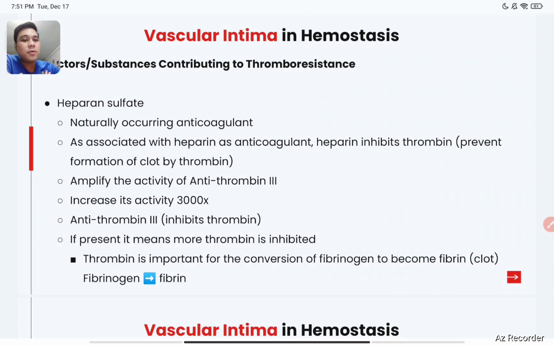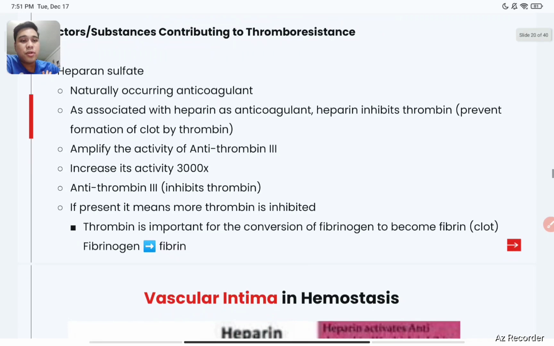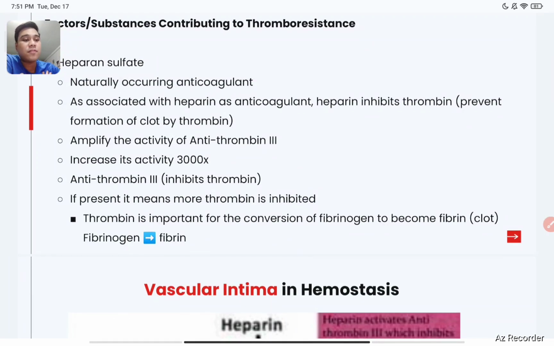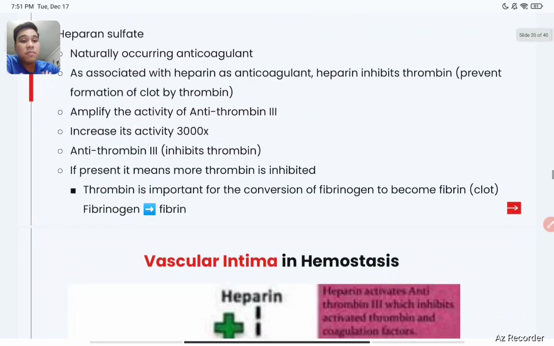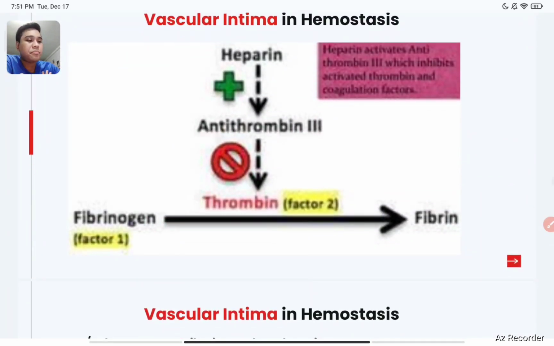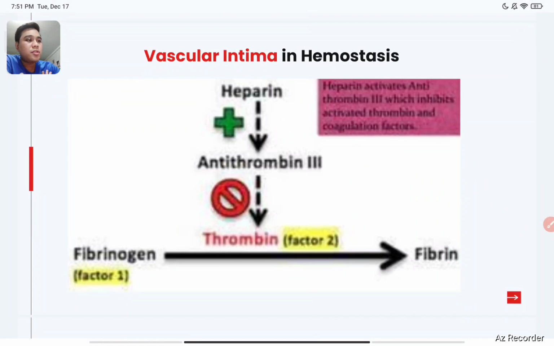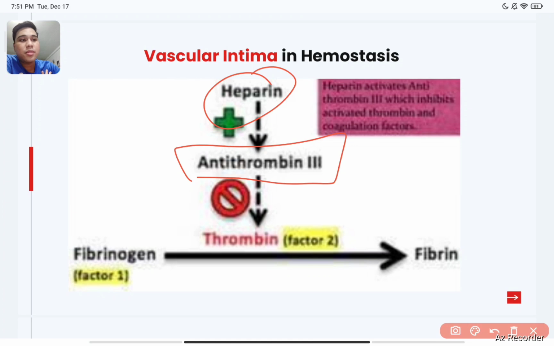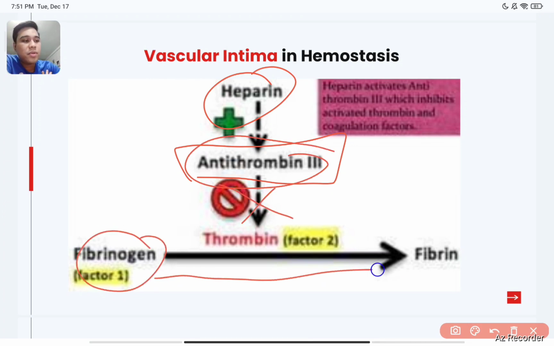Cascade siya. So it will amplify the activity of antithrombin 3 and increase its activity 3,000 times. Your antithrombin 3 also inhibits your thrombin, and if present, it means more thrombin is inhibited. Thrombin is important for the conversion of fibrinogen to fibrin, or yung tinatawag na nating clot. So heparin will further amplify the effect of antithrombin 3, which inhibits the conversion of fibrinogen to fibrin.